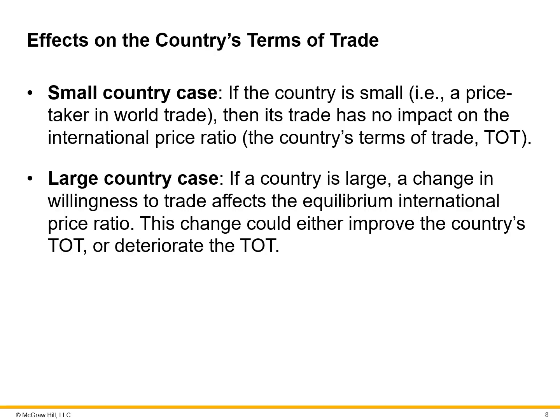So when we look at the effects on a country's terms of trade, the impact of growth depends on whether a country is small or large in the world market. A small country can't influence big prices. It's not going to make a big difference whether they're importing or exporting more. They're primarily price takers. So the large countries like the United States and China, and to some extent the European Union, affect international prices through changes in trade behavior.